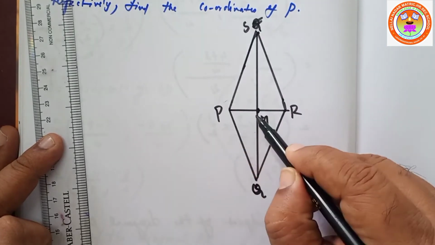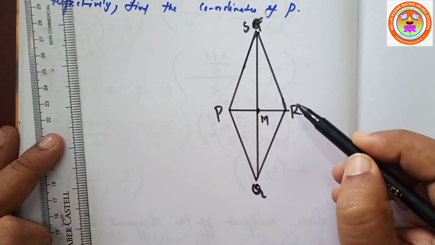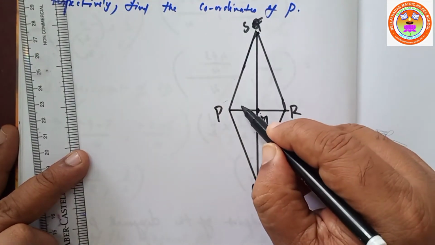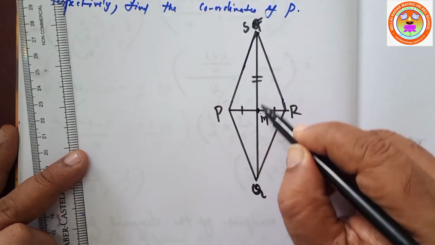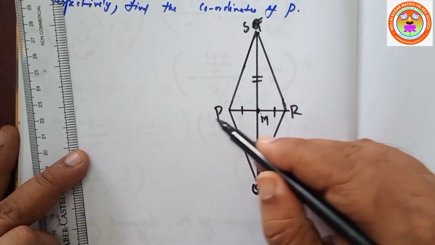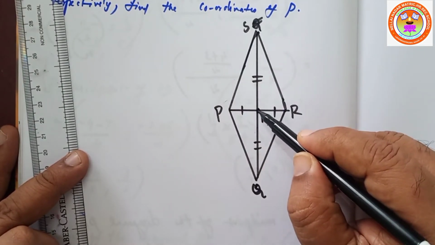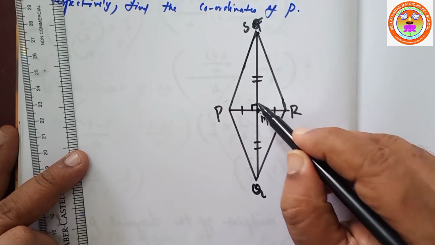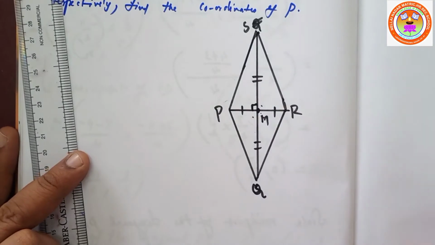That means PM and MR are equal, SM and MQ are equal. The diagonals in a rhombus bisect each other and cut at right angles. Each and every angle is 90 degrees.